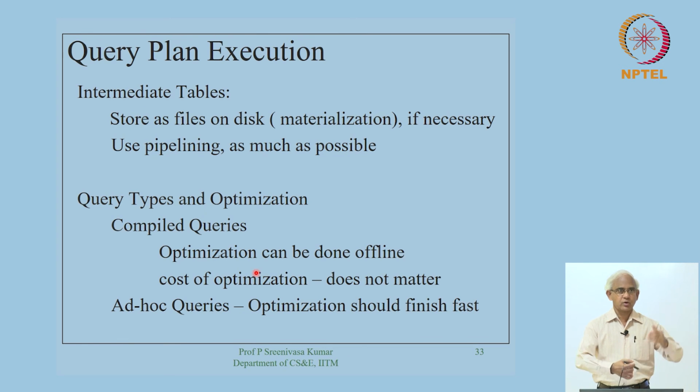So it is a program that involves shooting several queries to the relational database, getting results, and then probably shooting one more query and things like that. So you know the queries ahead of time. Since you know them, you can afford to do a lot of optimization, fix a nice query plan, and then use that query plan.